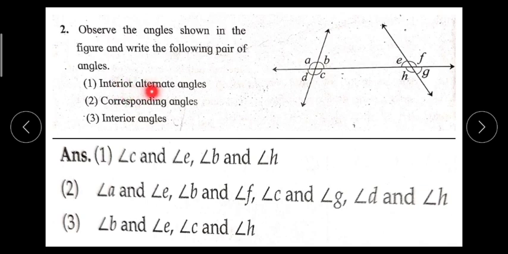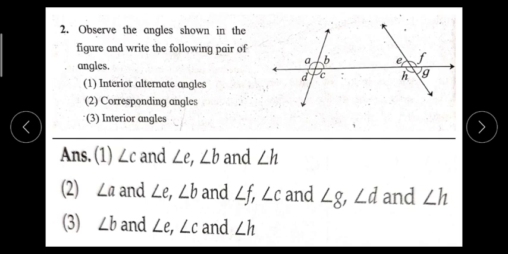First is interior alternate angles. So interior alternate angles are angle C and angle E. It forms Z, right? Students, if you rotate this figure towards right, then you will be able to understand.